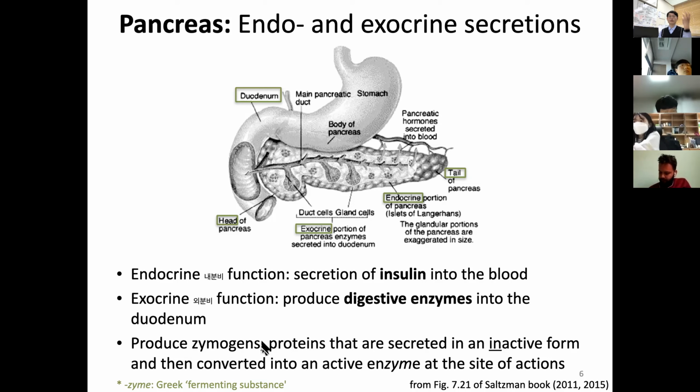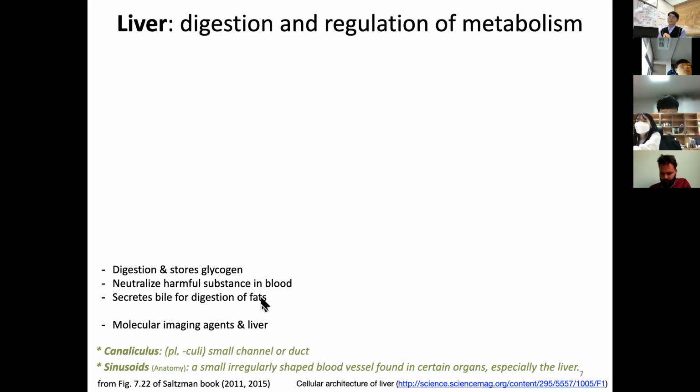So like we saw in the stomach and pancreas, the strategy for digestive enzymes is to produce them as an inactive form or precursor. Once it gets into the environment, it will start to do its work, so that it doesn't digest your own organ. Okay. Now let's get into the liver.